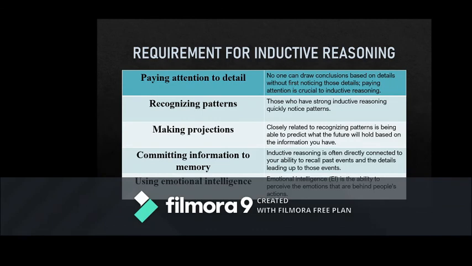Lastly, using emotional intelligence. Emotional intelligence is the ability to perceive the emotions that are behind people's actions. People with high levels of emotional intelligence are more understanding of others and better able to get to the heart of issues when two or more people disagree.